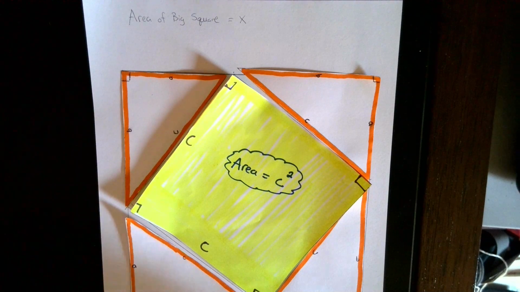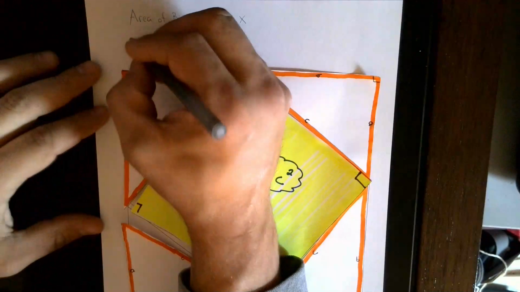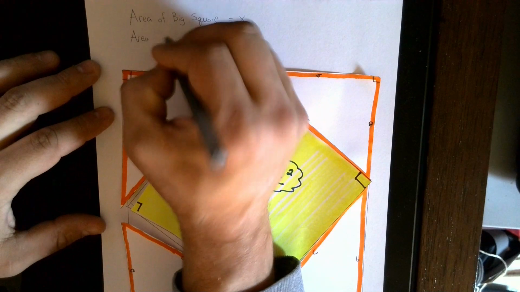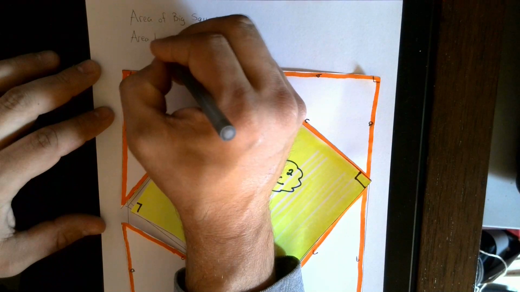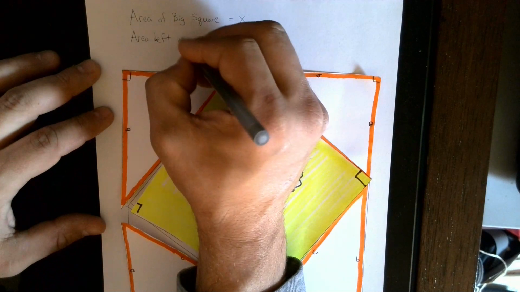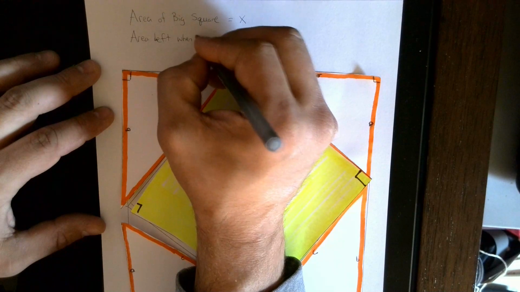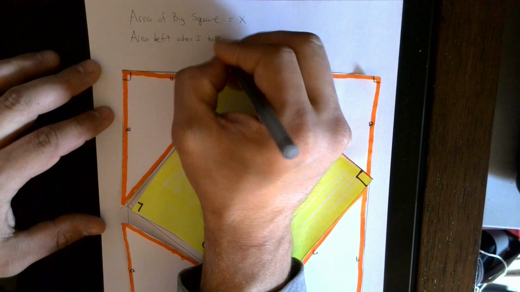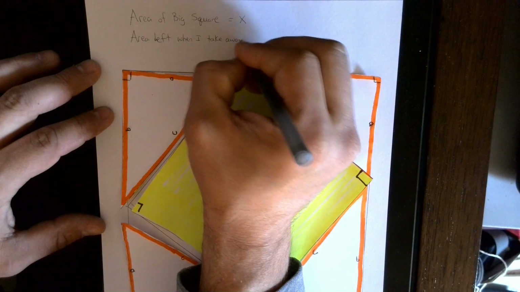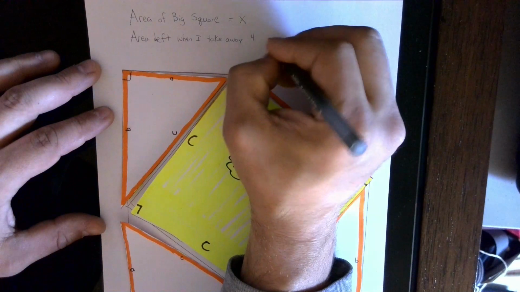Now, what's the area left when I take away the four triangles?